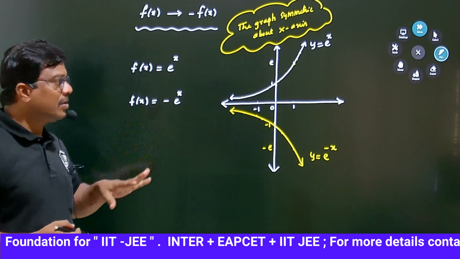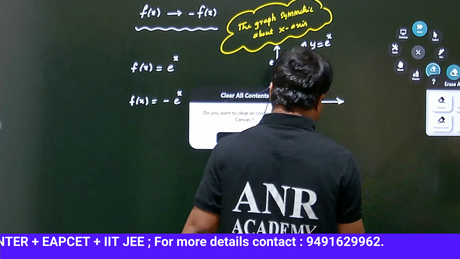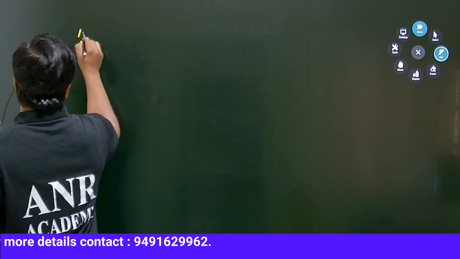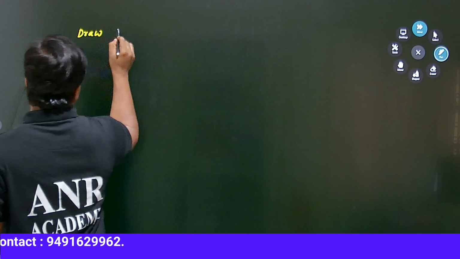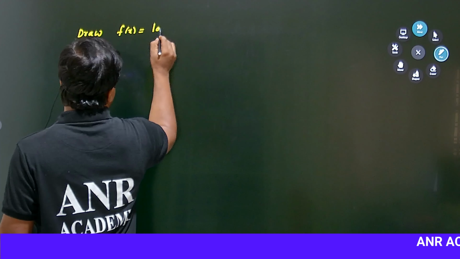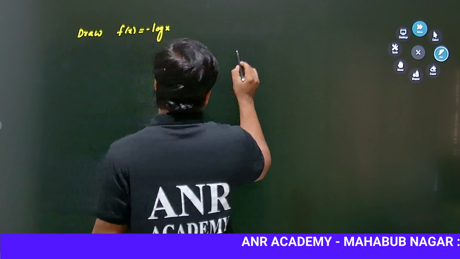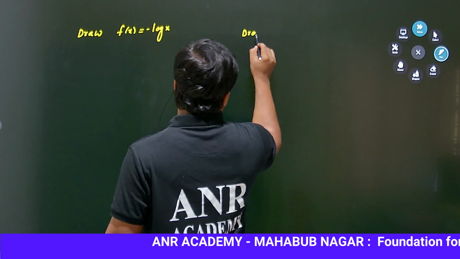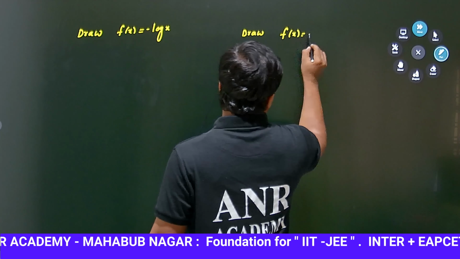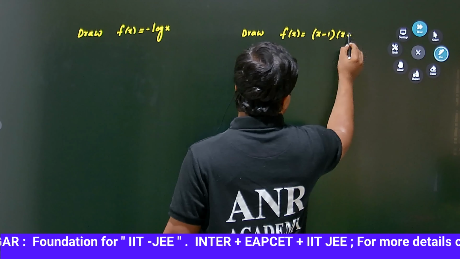Let us observe different examples in this case. Suppose the question is, draw the graph of f of x equal to minus log x. Another question, draw the graph of f of x equal to minus of x minus 1 into x plus 1.